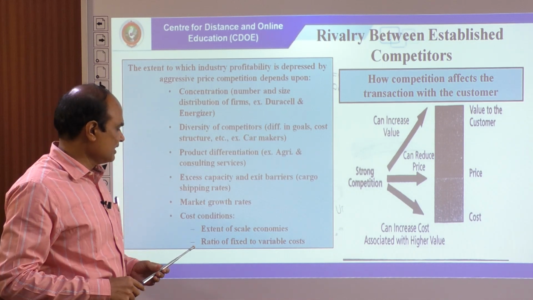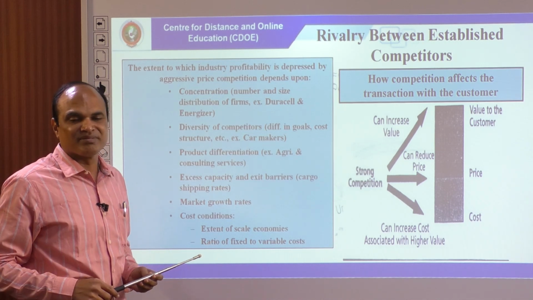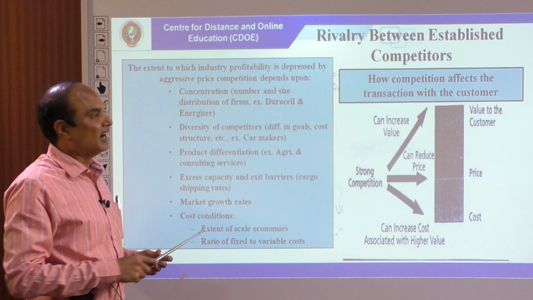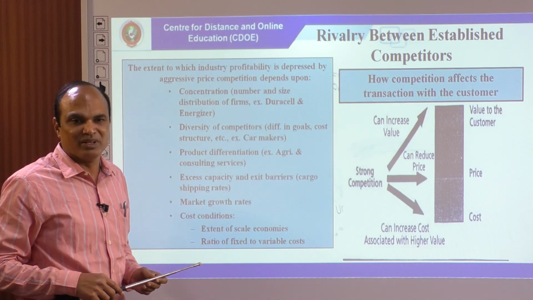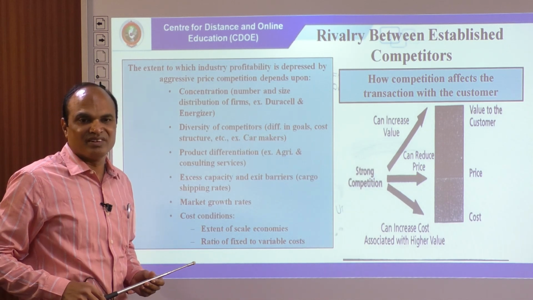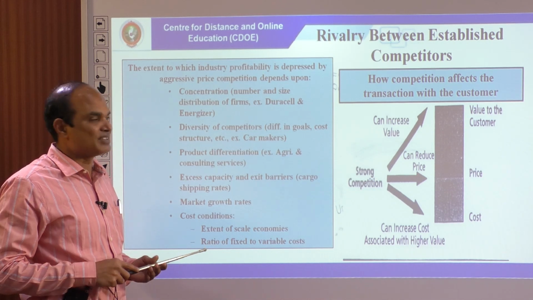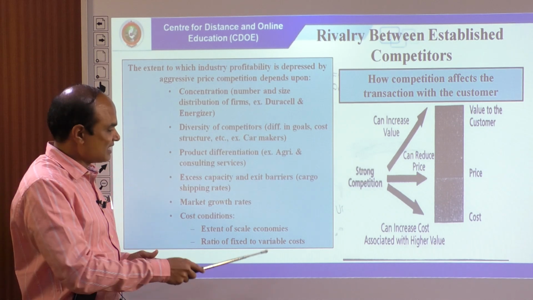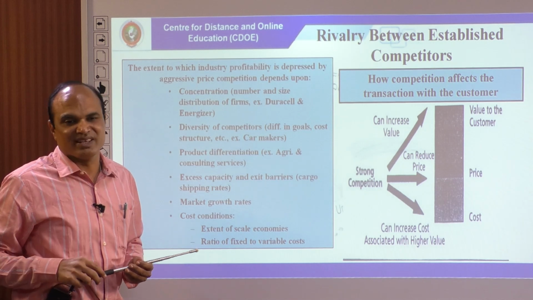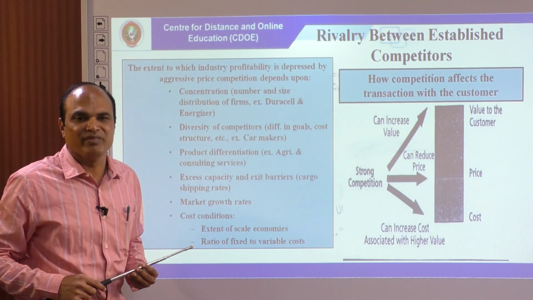Then the last point here is the cost conditions, that is, the extent of scale economies, how quickly they can increase or decrease production and reduce the competition in the available space, and the ratio of fixed to variable cost. If the existing competitor has a high fixed cost and lesser variable cost, then they will have a lesser propensity to vary the price, because first they have to recover the fixed cost and then focus on the variable cost.